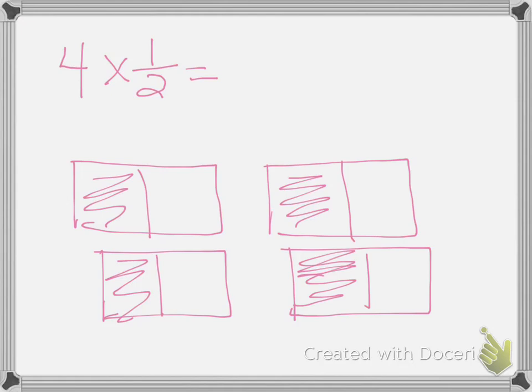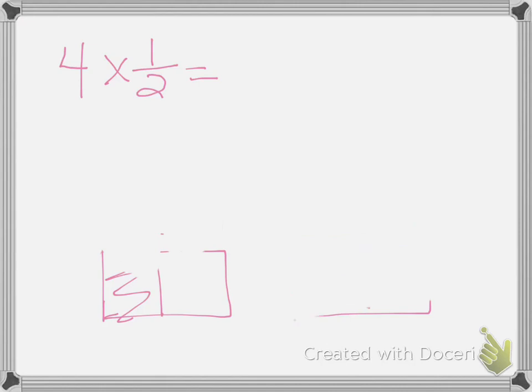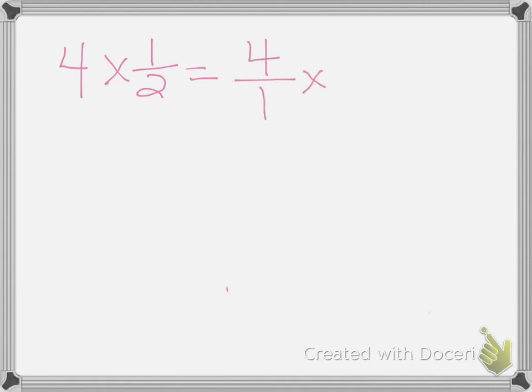With the squares, the picture would tell us how many we have. But we can do this with math without drawing pictures, because sometimes pictures are hard to draw. Any whole number can be made a fraction by putting it over 1. So 4 wholes is like 4 over 1 times 1/2.